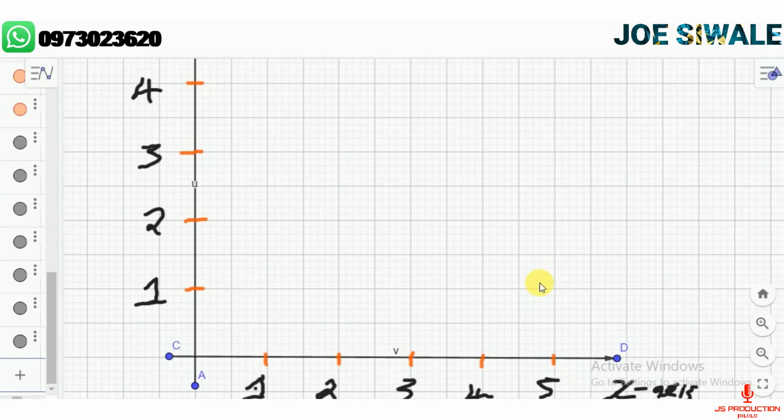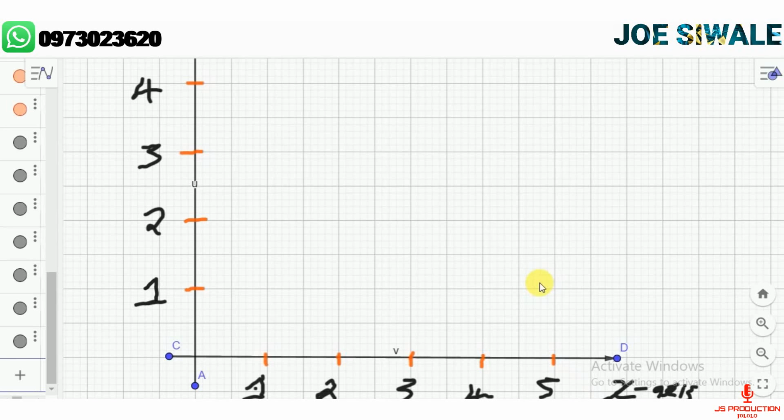So as you can see from the graph, I've already written the x-axis and the y-axis, and we have been told that 1 unit must represent 2 centimeters. And for the x-axis, it says x is greater than or equal to 0 but less than or equal to 5.